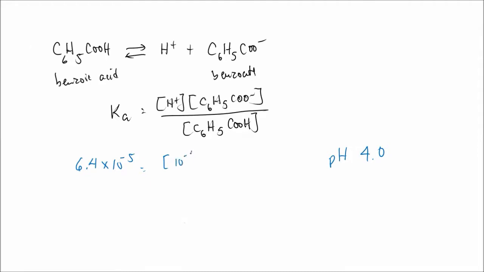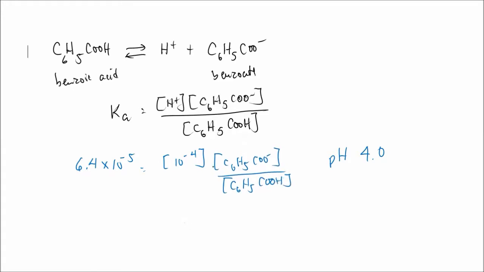I'm hoping that this makes sense to you then. H plus molarity is not unknown at pH 4, it's 10 to the minus 4 molar. Leave this as is. Write it kind of this way. It'll be convenient.